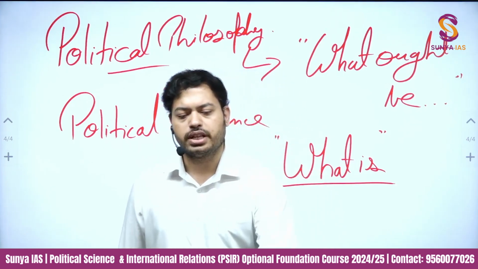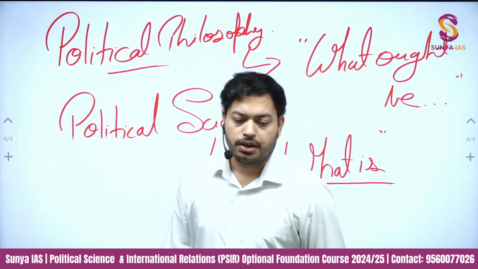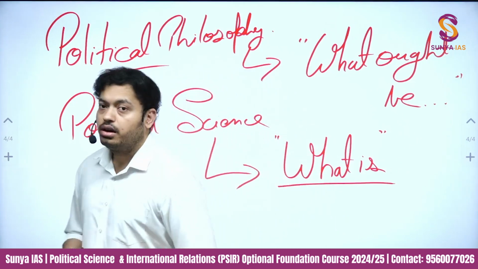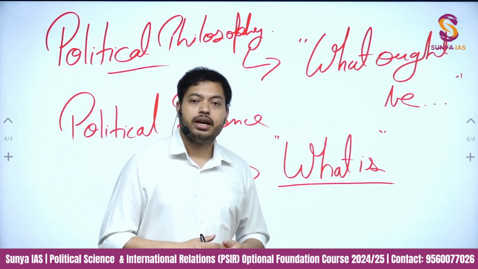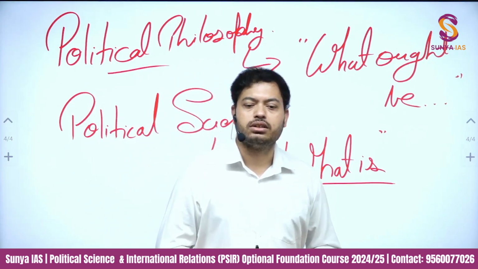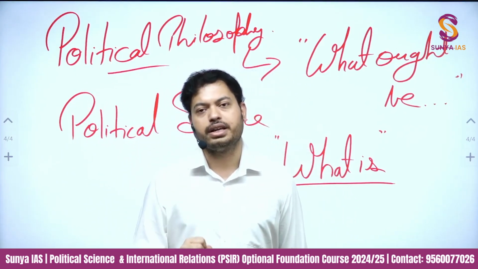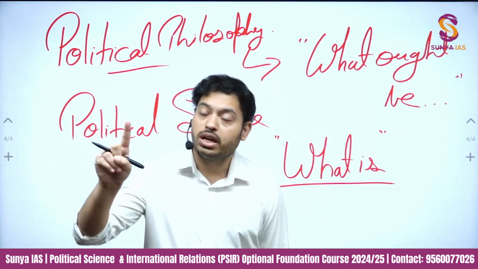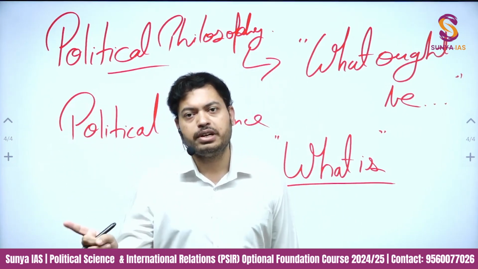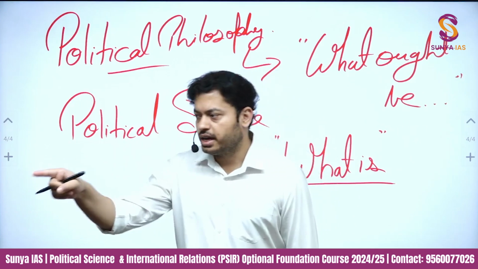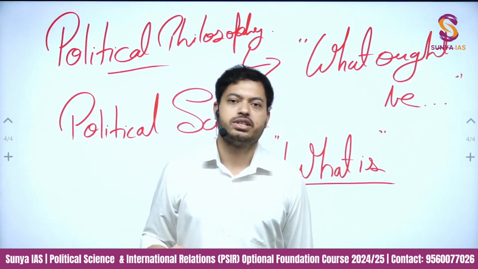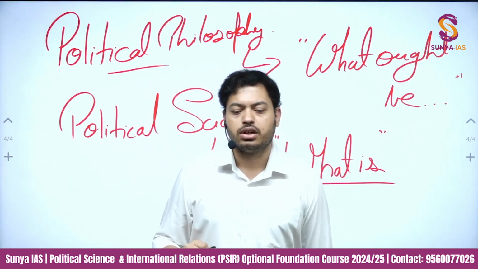Fine. So again you have to keep that in mind. Now, the next point: all the logical reasoning, all the philosophical inquiry, ये ऐसा होना चाहिए कि नहीं होना चाहिए, will be discussed in political philosophy. ये ऐसा क्यों है, this will be discussed in political science.